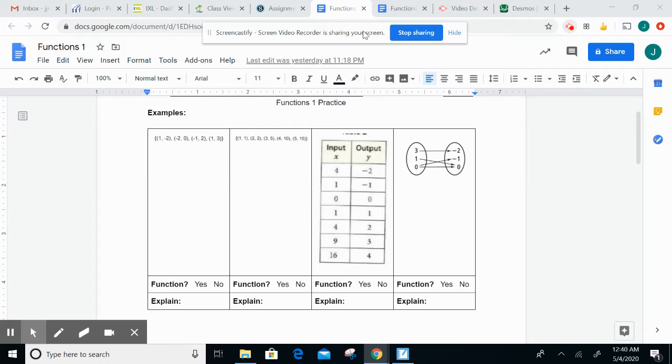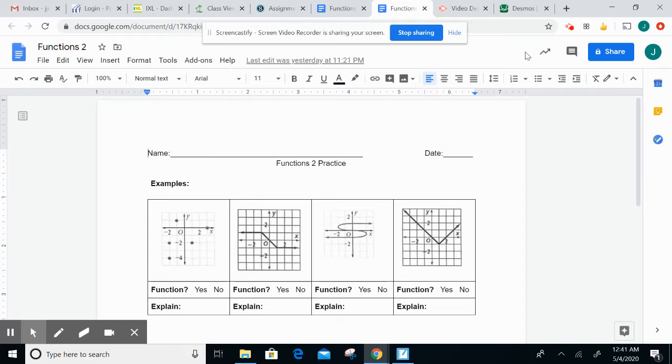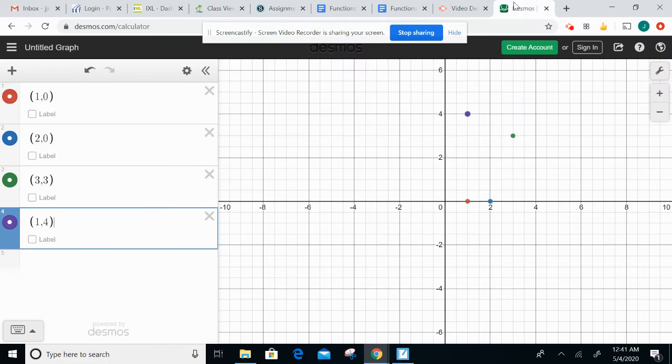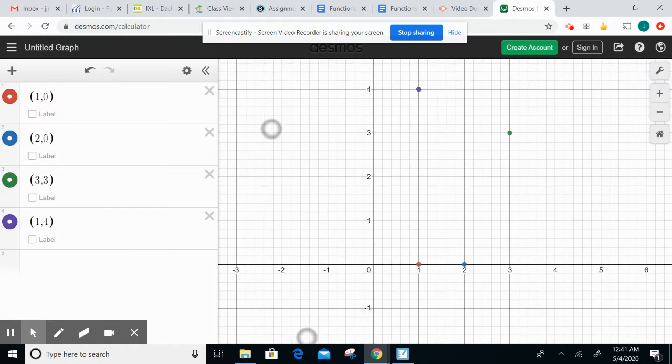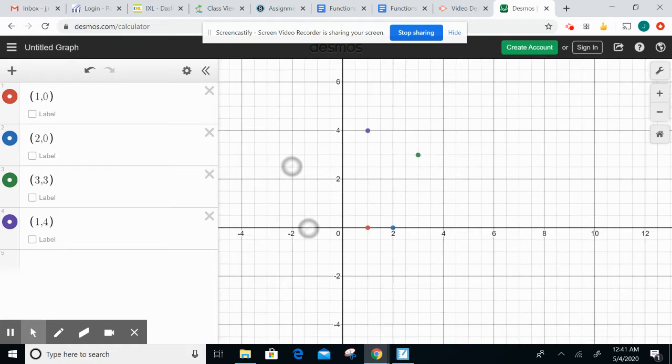Those are both relationships. Any set of points, or on a table as points, or on a graph like these ones, which we'll do on the next assignment, they're all considered relations. What you're looking at here is just a bunch of points plotted, 4 points plotted.